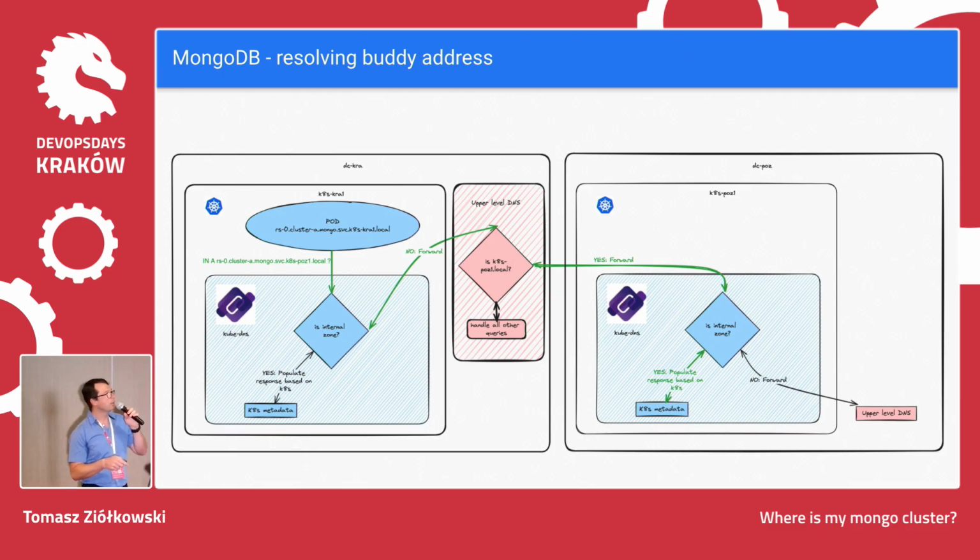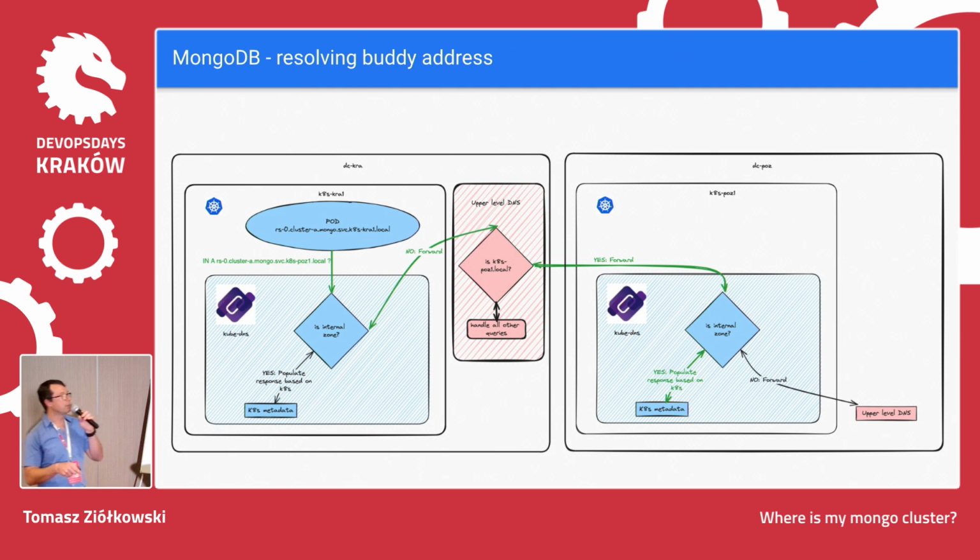And in this upper level DNS, there is logic that checks to which Kubernetes cluster the query should be forwarded next. So if there is kubernetes.pos.local, it knows that this query should be passed directly to Kubernetes in the Poznań region.